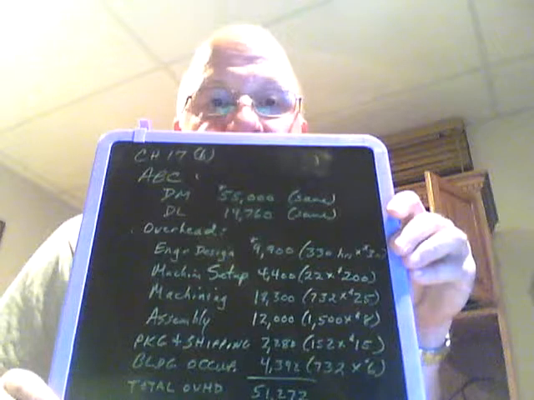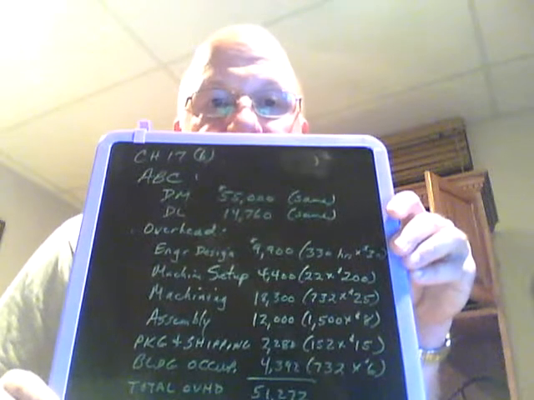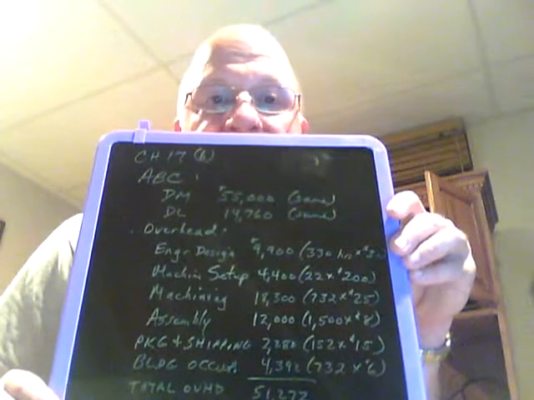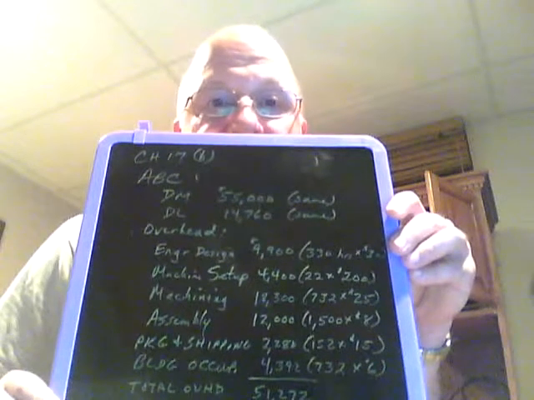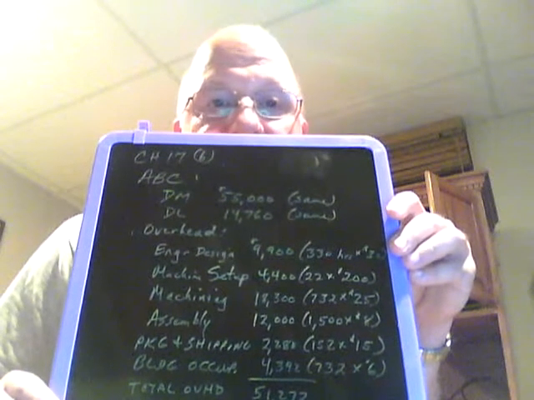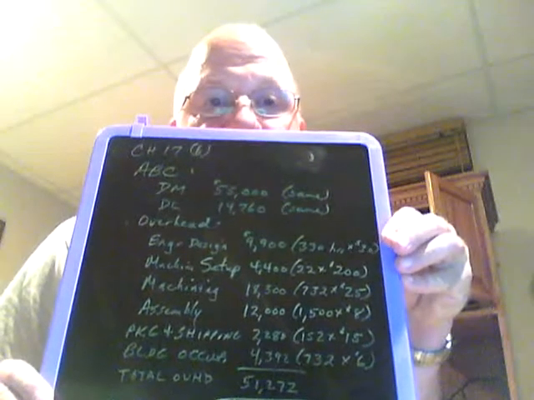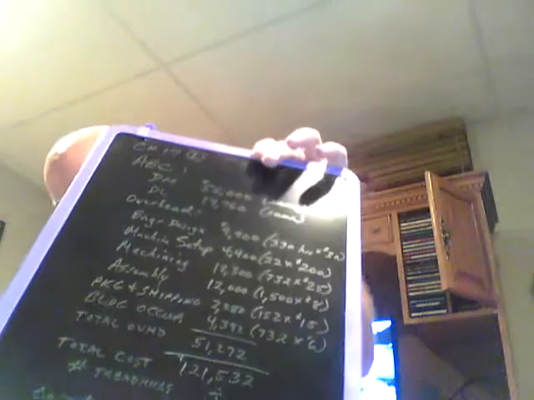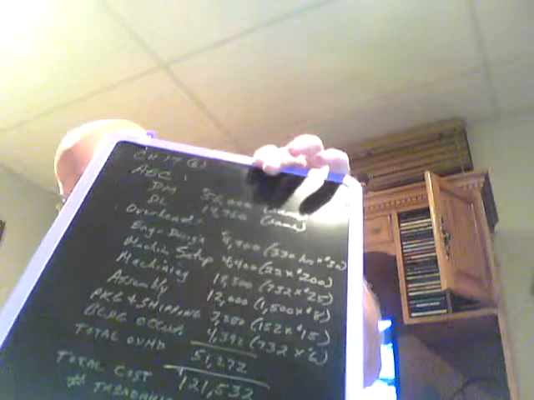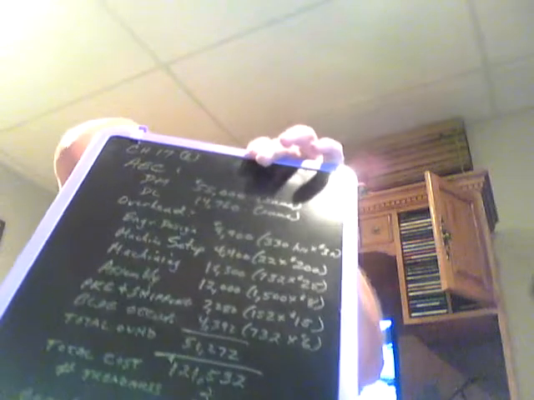And with assembly, 1,500 hours of assembly, each at $8. So 8 times 1,500 is 12,000. And then packaging and shipping, and I want to make sure I give this right here. And that too is based on hours.